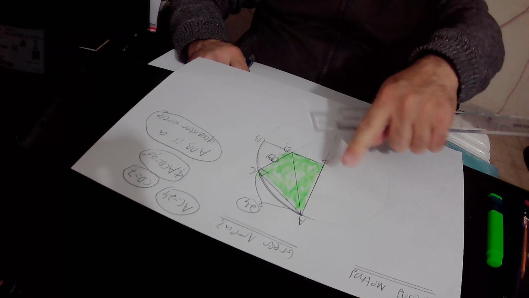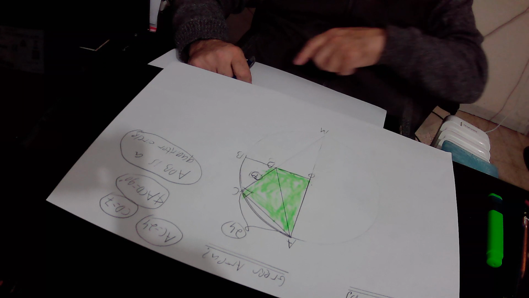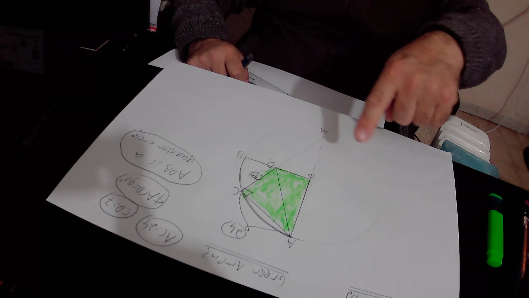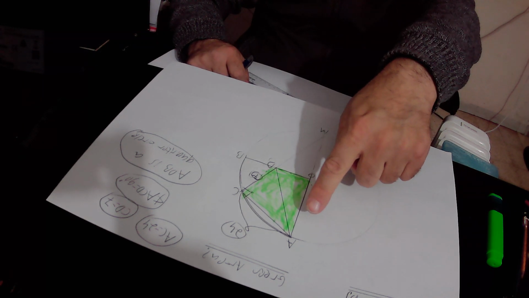So I copy the green right triangle ADC, or ACD, in the new page, and we find the length of the hypotenuse AD.